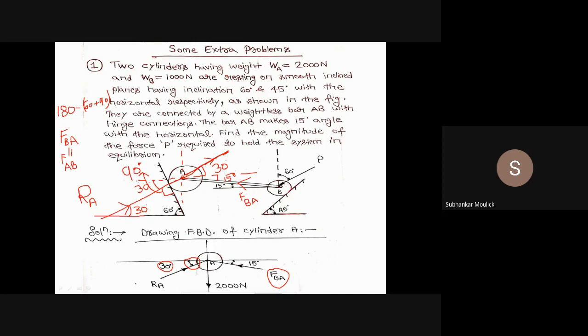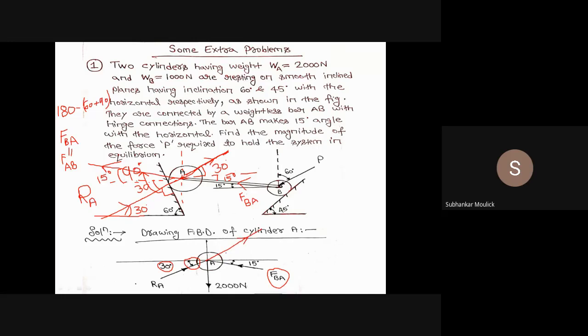So if I extend this force line along this end, this will be my FBA, and if this angle is 15 degree, definitely this angle will also be equal to 15 degree. That means this particular angle is also 15 degree. So in my FBD of cylinder A, I can extend this RA line. This will be the direction of RA.